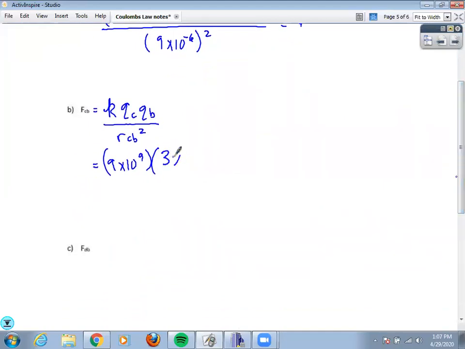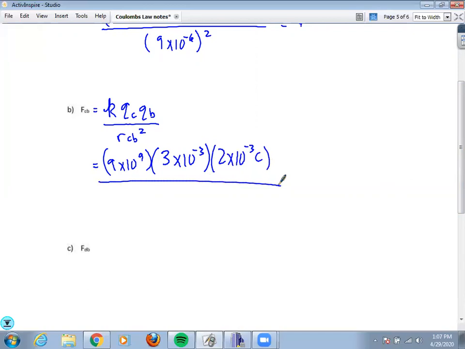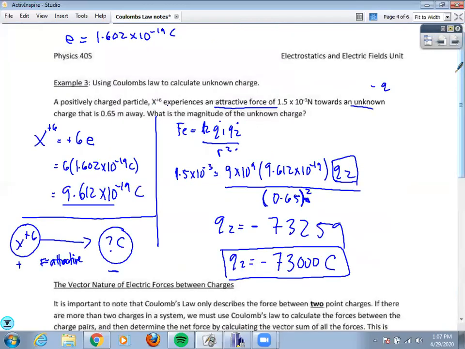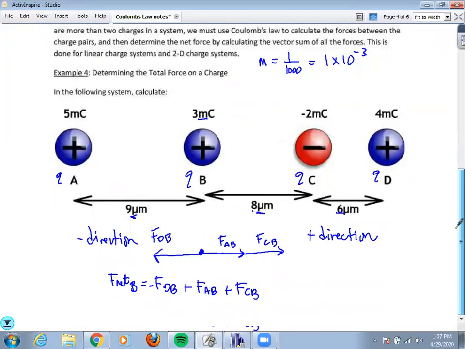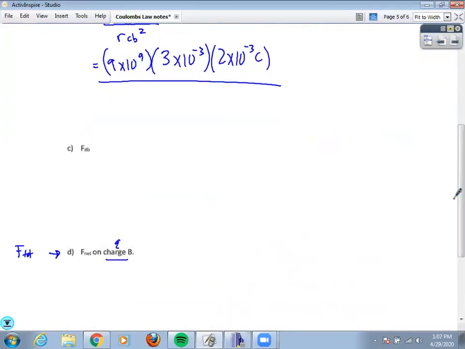So 3 times 10 to the minus 3 coulombs times 2 times 10 to the minus 3 coulombs divided by the distance squared. CB is 8 micrometers, so 8 times 10 to the minus 6 squared. And that's also going to be to the right, so positive.